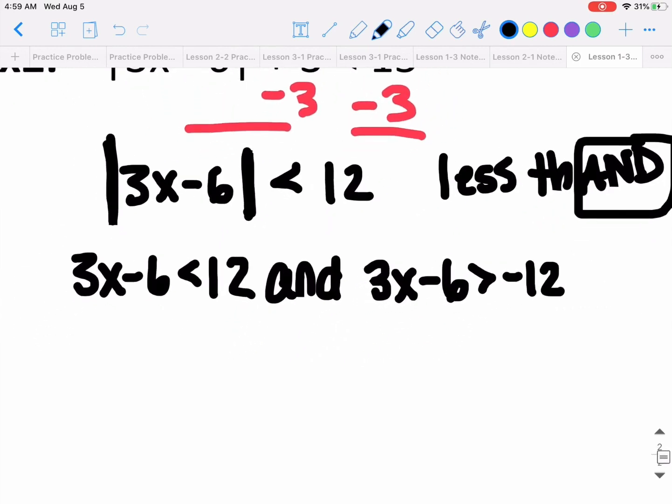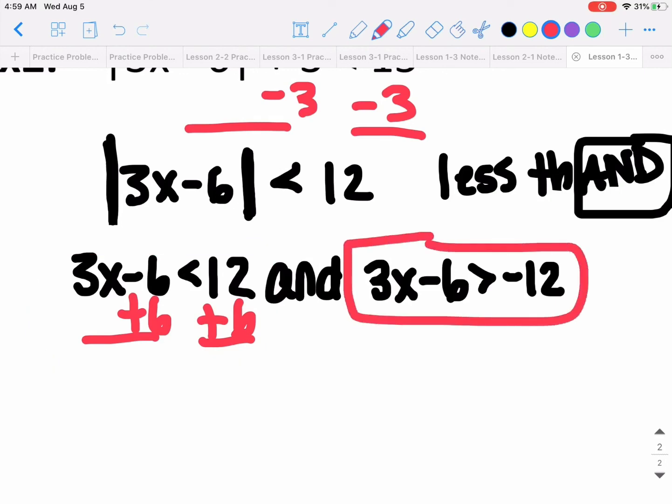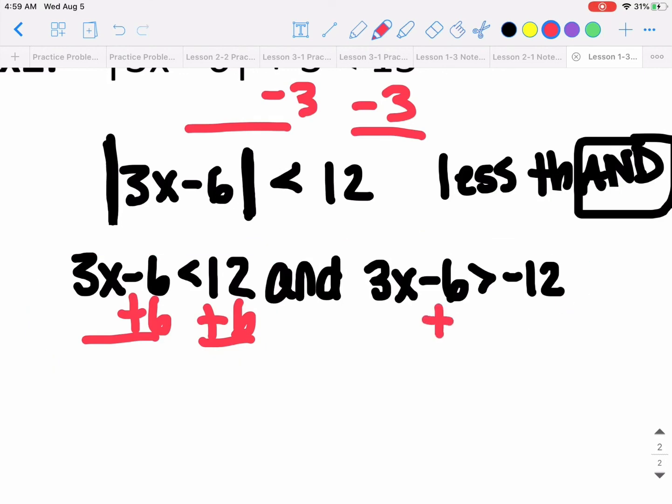Step 2 is done. Third step is to solve and graph. So the first thing I want to do is undo whatever is happening to that x. First thing I undo is subtraction. I'm adding 6 on both sides. Like I said, if you could do that in the left inequality, you can do it in the right inequality, so I'm going to add 6 on both sides to the right inequality as well.